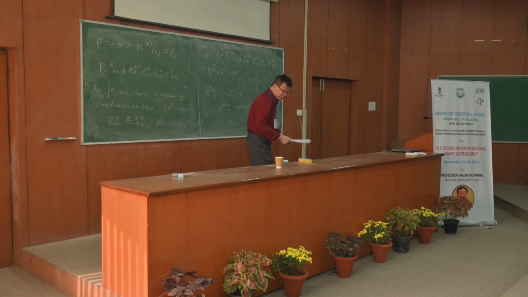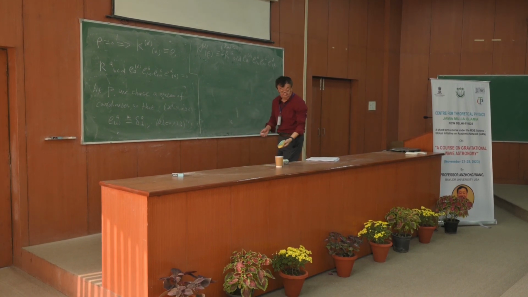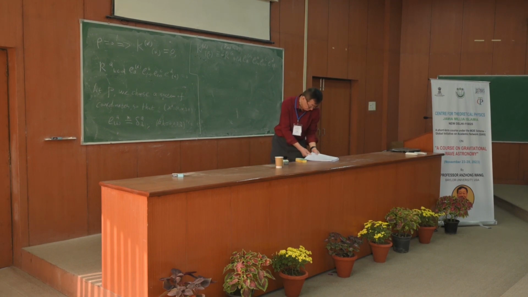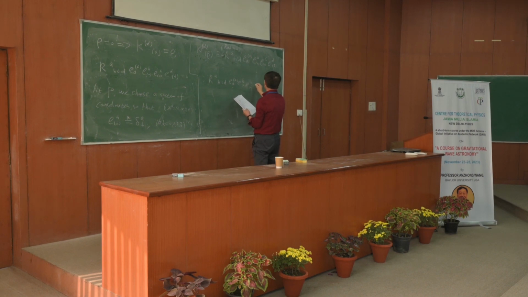If this is the case, then you can ask, now, what about R_{ABCD} e_A^alpha e_0^B e_0^C e_D^alpha? This is where R_{ABCD} equals delta_alpha A right here, delta_0D, delta_0C, delta_D alpha.